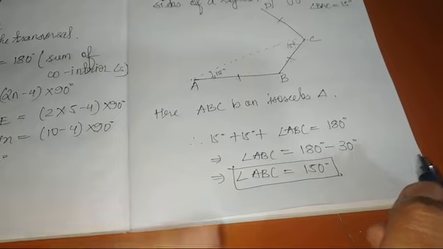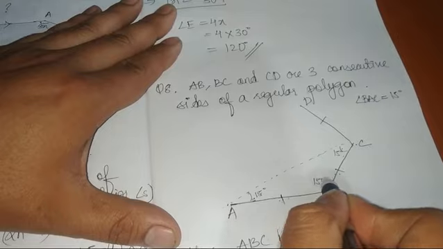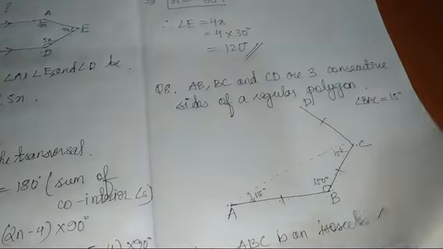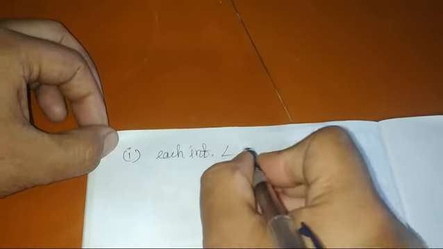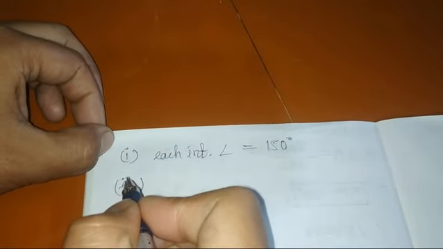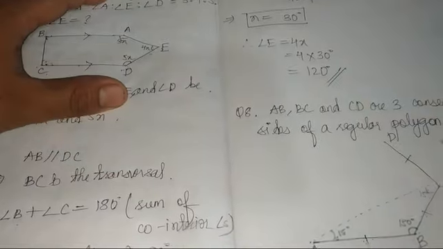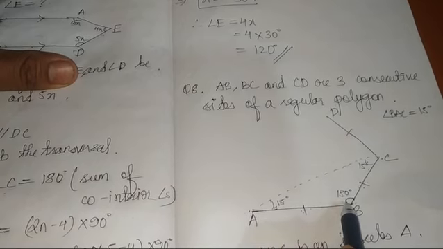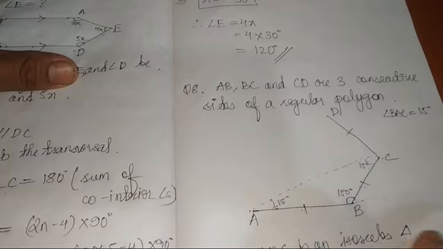Each interior angle of the polygon is how much? This is the interior angle, right? So 150 degrees. Let's write down number 1: each interior angle is equal to 150 degrees. We move to number 2: each exterior angle of the polygon. We have learned from the formula that at every vertex, interior angle plus exterior angle is going to be 180 degrees.